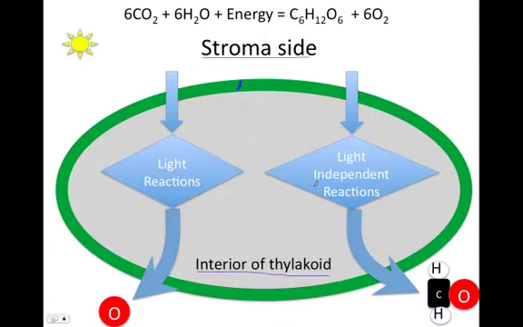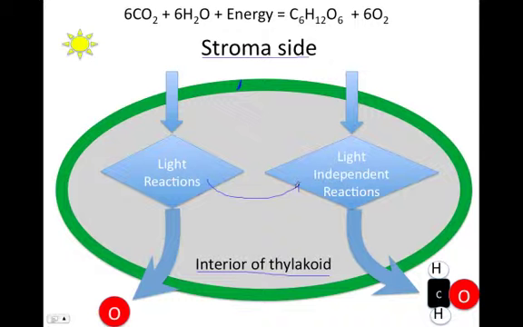We need to transfer energy from the light reactions into the light independent reactions because we're taking carbons from our carbon dioxide molecule and we're using them to build a more complex sugar. Therefore, we need energy.